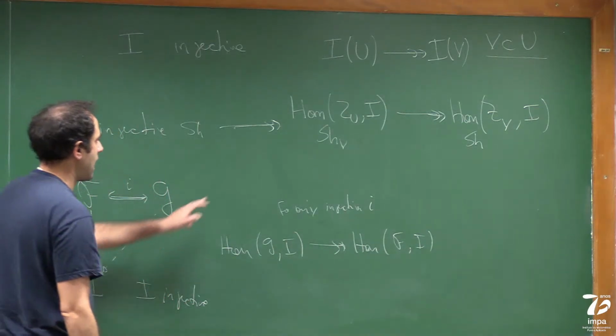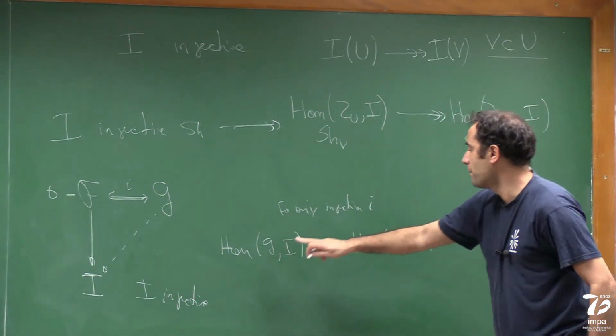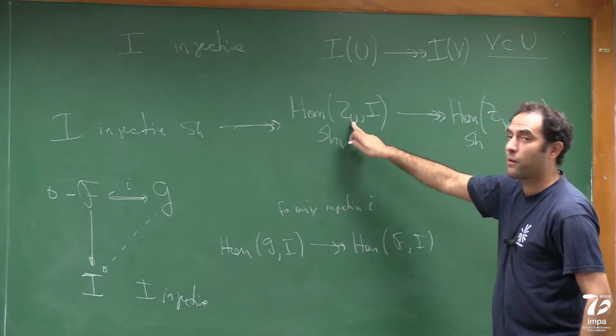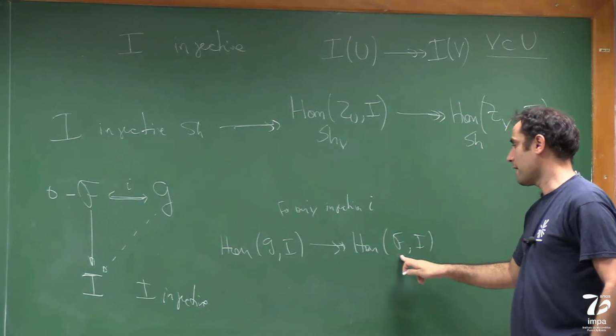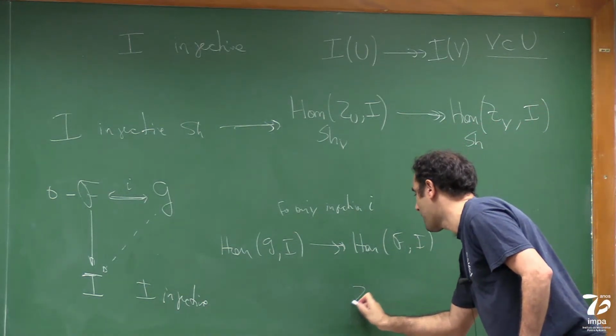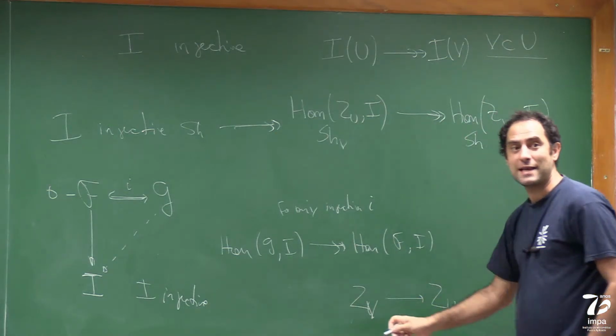So now I read this, and what I'm seeing is that I need a map from G, I want it to be Z_U, and F, I want it to be Z_V. So what I need is a map from Z_V to Z_U, which is an injection of sheaves.